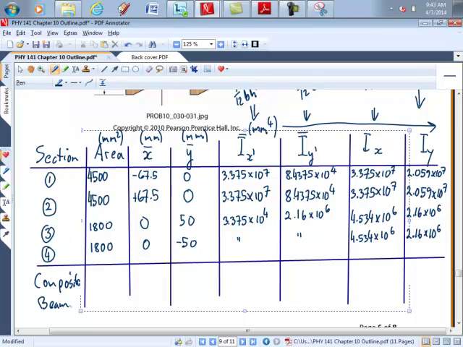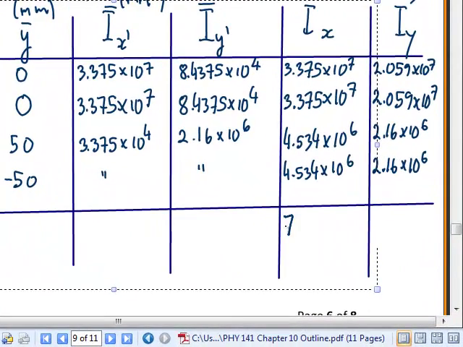So my composite beam, we're just going to add up all of the IXs and IYs. So IX, 7.657, rounding to 3 sig figs, 7.66 times 10 to the 7. And that's going to be millimeters to the fourth, same as what we've got above.